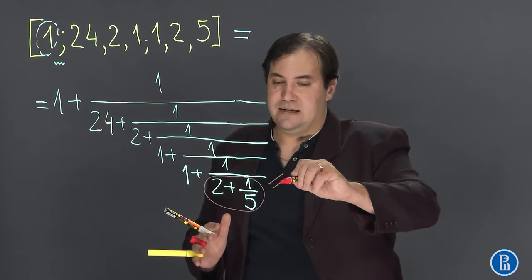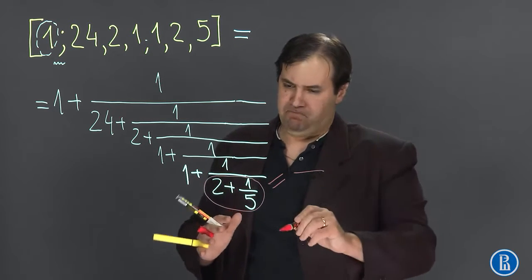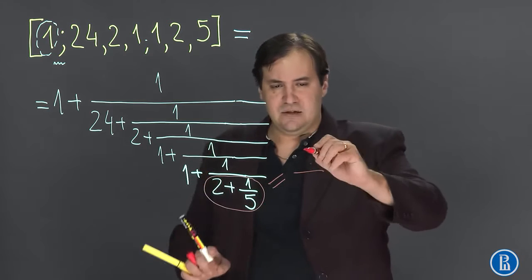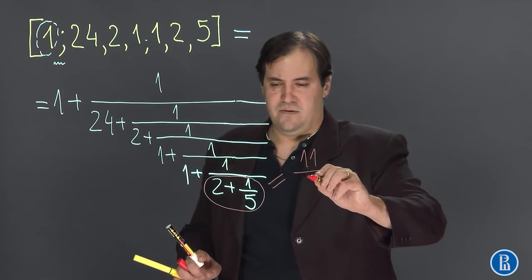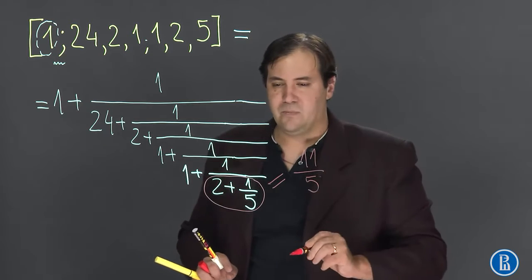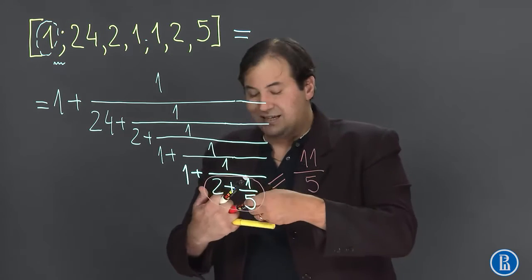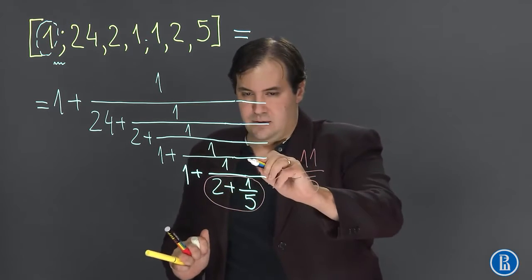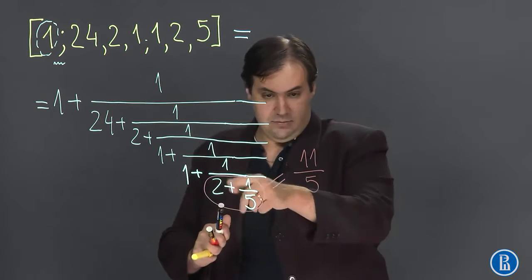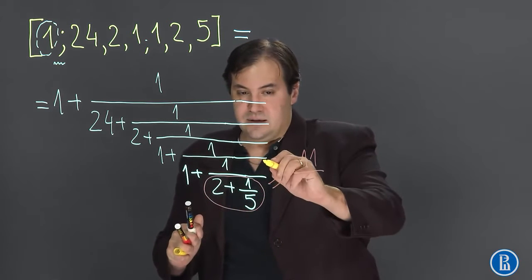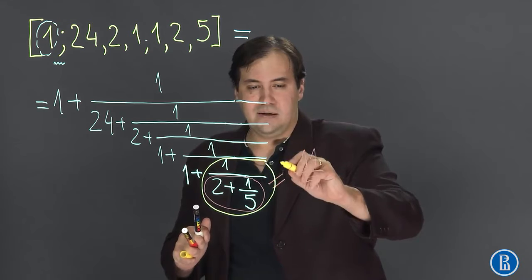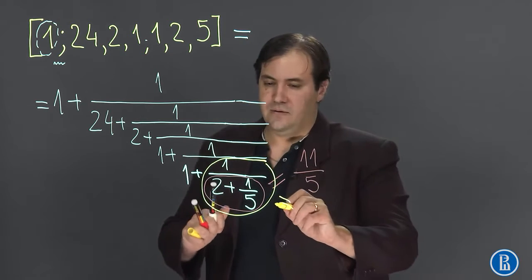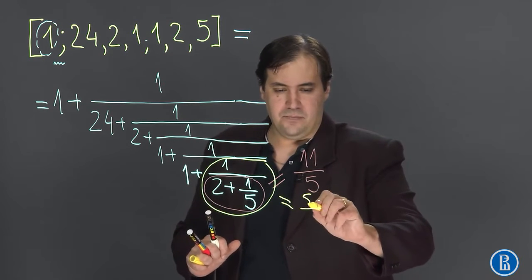So we can say that this is just 2 times 5 is 10, so this is 10 plus 1, 11 over 5. And then we can turn 1 over this 11 over 5 into 5 over 11.